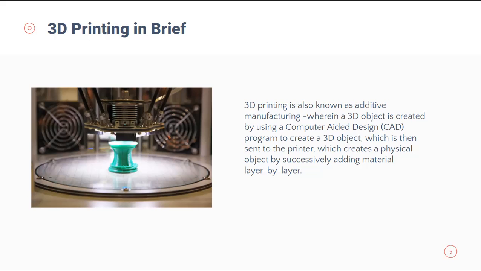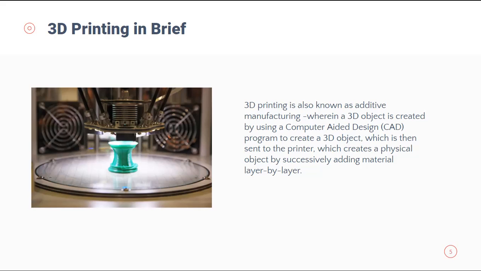So we first of all get a 3D object, and the 3D object can be your design of the robot which you want to design, or medical equipment, or whatever thing you want to design. You design it using a computer-aided design software like Fusion 360, SolidWorks, Onshape. All those are computer-aided design software.